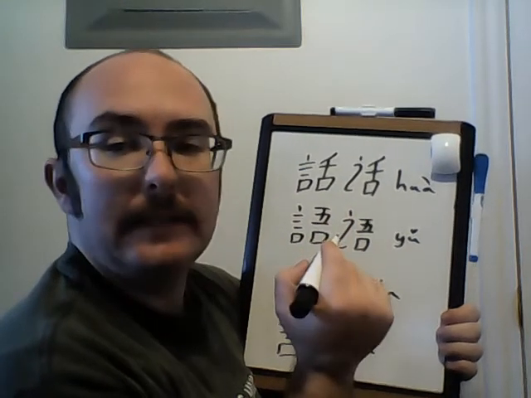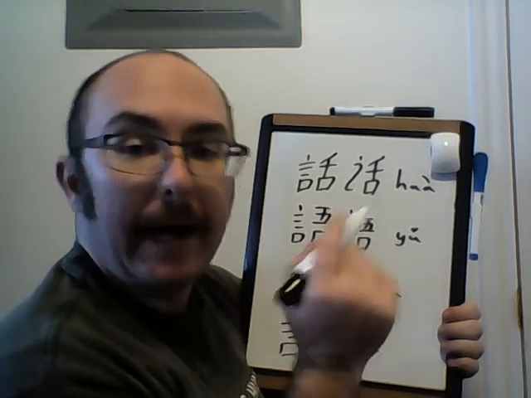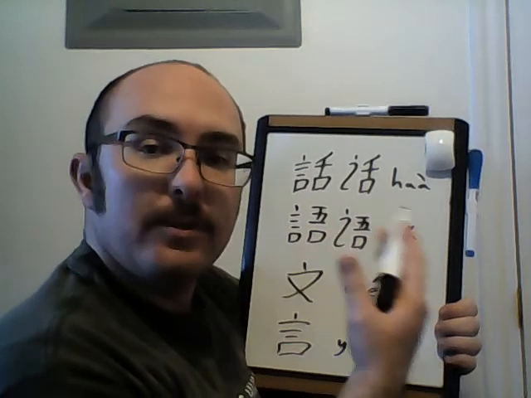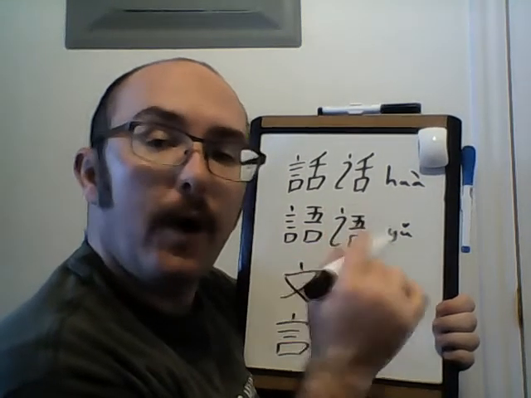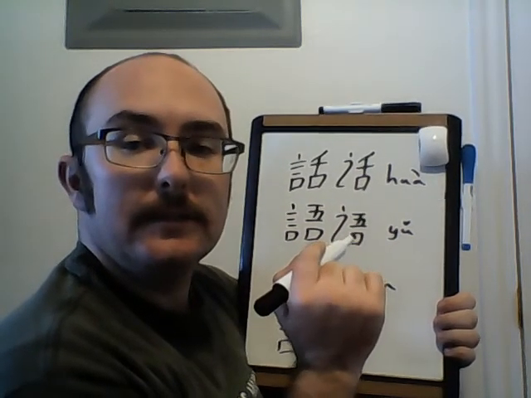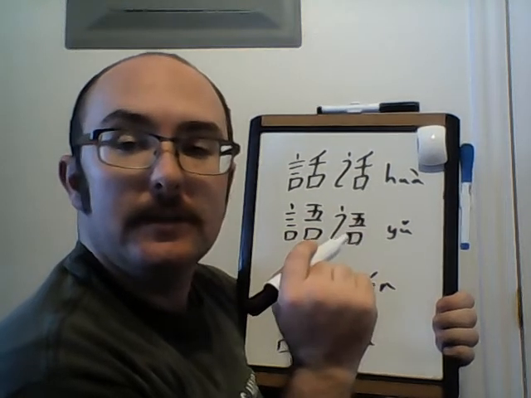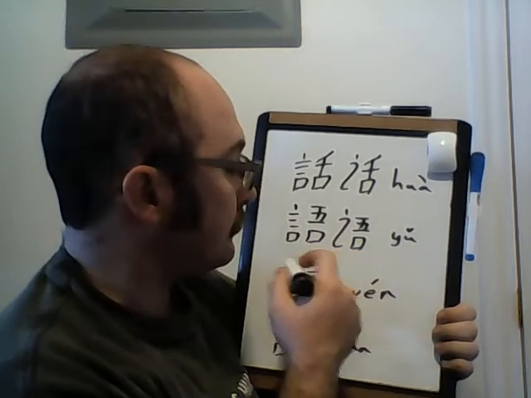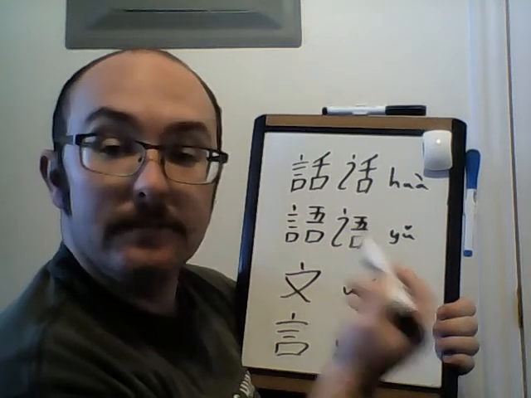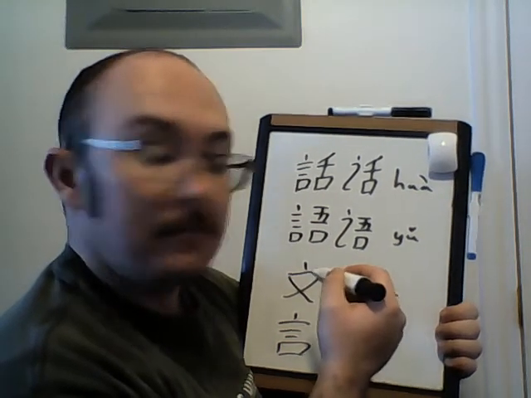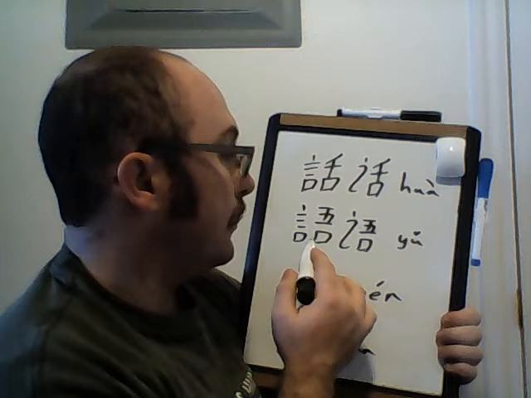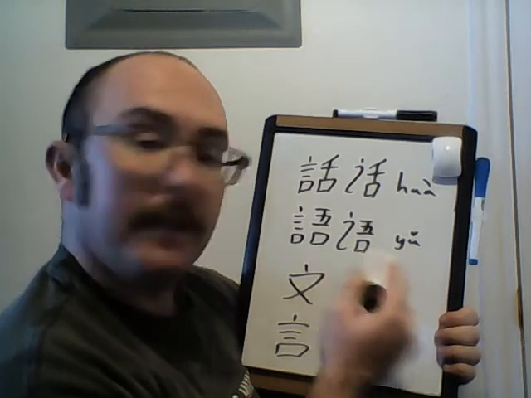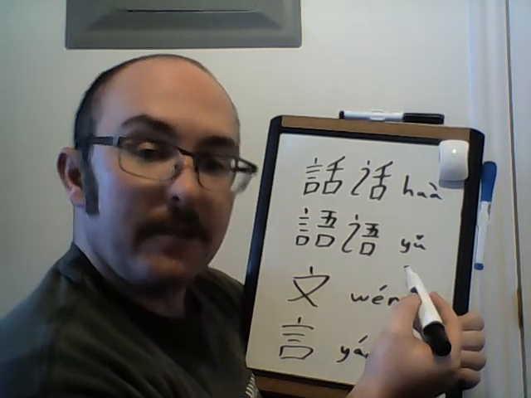So 中国话 are the languages of China. 中国话, 德国话, 俄罗斯话, 俄文 Russian, and you can do that with most languages.